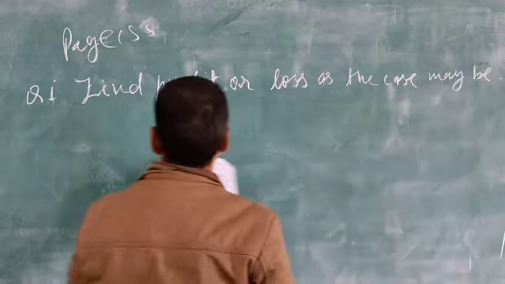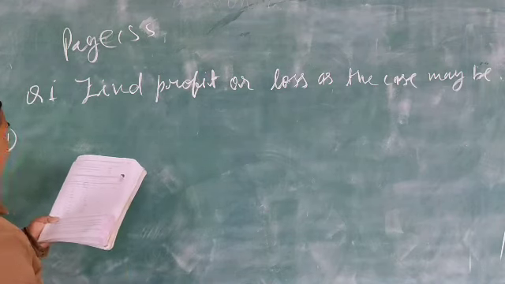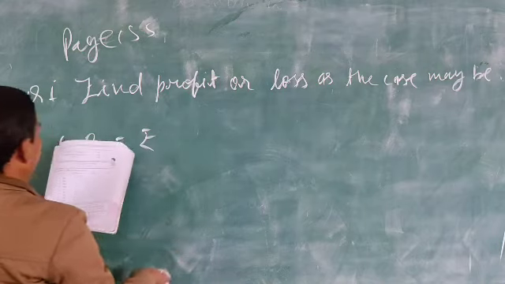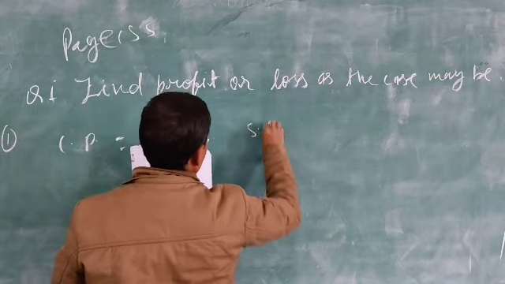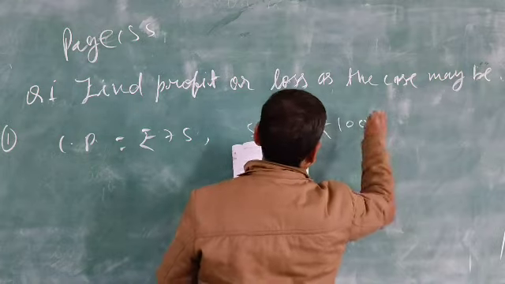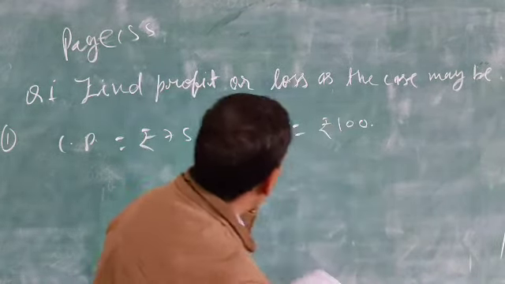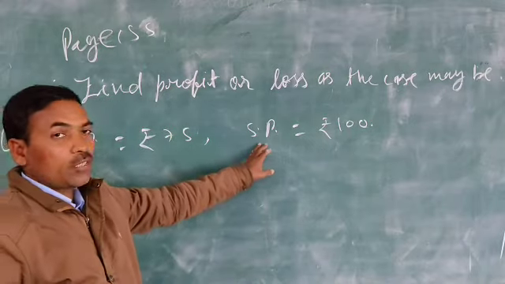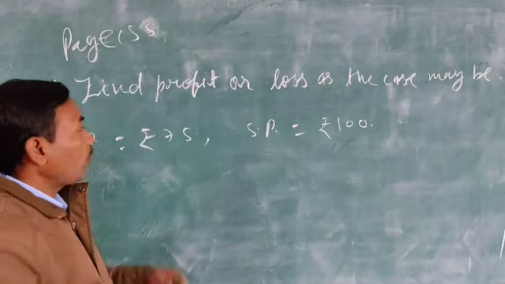First one, in the book it is given in tabular form. Here the cost price CP is 75 rupees and the selling price SP is 100 rupees. You are asked to find profit or loss. I have discussed already, if selling price is greater than cost price, then there will be profit.